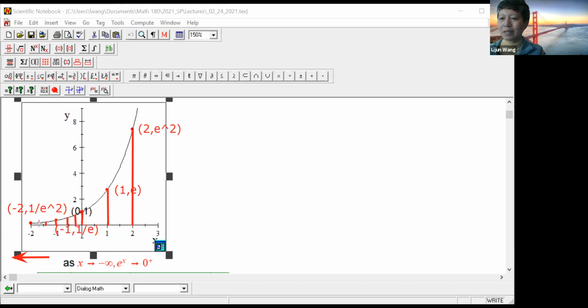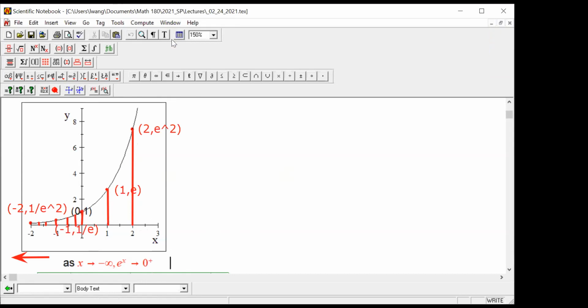You can see clearly as x goes to negative infinity, the height is approaching 0. Do you guys see that? That's the visual. But what happened to the other direction?